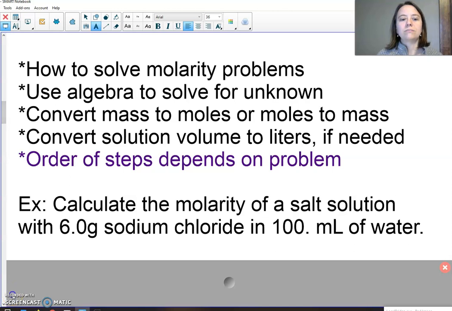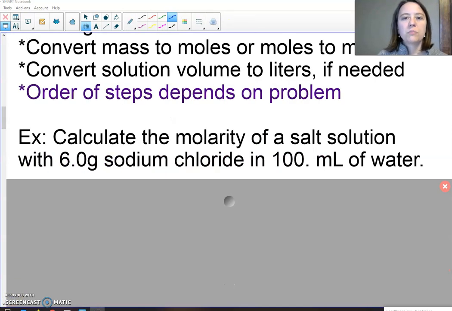Okay, so we always want to think about the problem a little bit. What do we need to know? We are trying to calculate the molarity. And we know that we have 100 milliliters, and that is our volume, and that needs to go to liters.